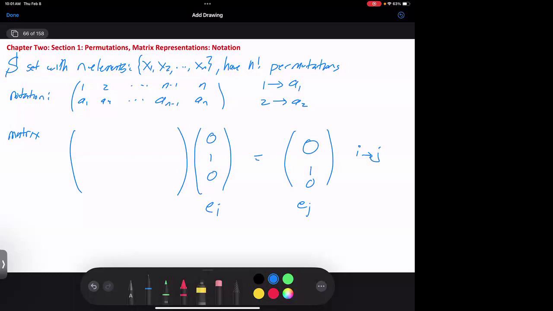So do you know anything about any row or any column of this matrix? What do you think? So we have to take the vector that's 1 in the ith spot and get back out 1 in the jth spot. Does this give you information about any of the rows or any of the columns?